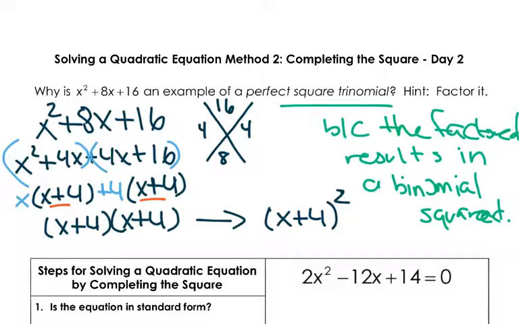Okay, and we're going to look at a lot of this today. We're going to be looking at a lot of perfect squared trinomials where the factor would result in a binomial multiplying by itself twice.